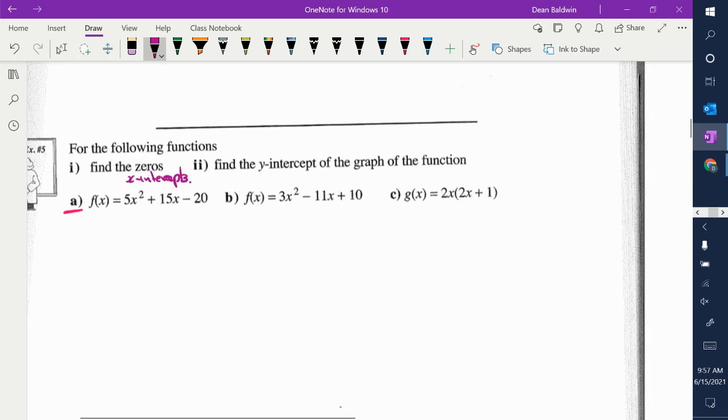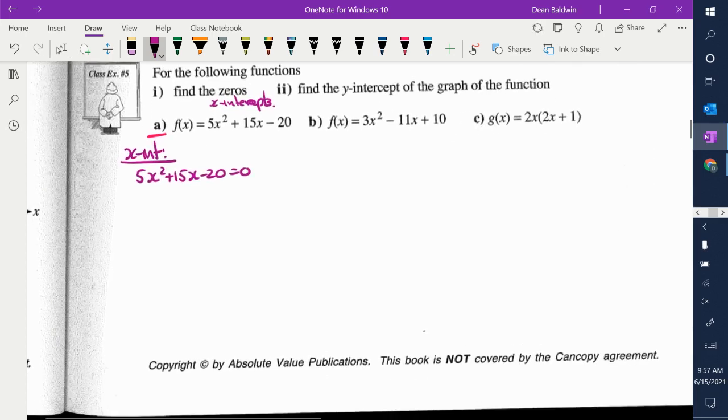So, for A, the x-intercepts. Take your equation, set it equal to 0. How do you solve this? Factor it. What can I do first? Take out a 5. Yes, you want to. I mean, you don't have to, but it's going to make your life way easier if you take out a 5.